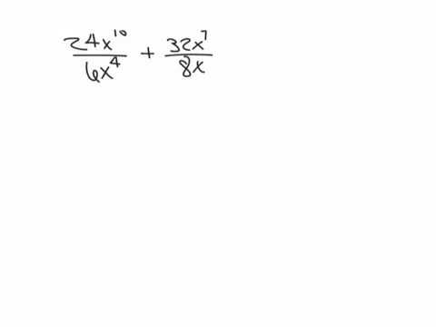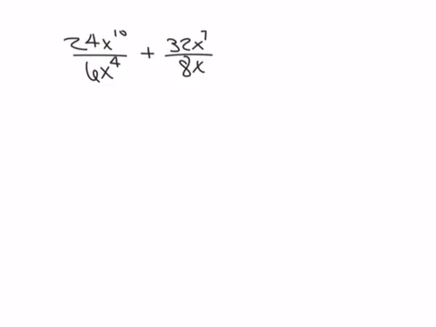We always try to do whatever we have here first, and then combine it with what we have here. For each fraction, simplify the top, simplify the bottom, then divide, and then combine. But these are already simplified, so we don't have to do anything. There's nothing I can do with 24x to the 10th to make it simpler.